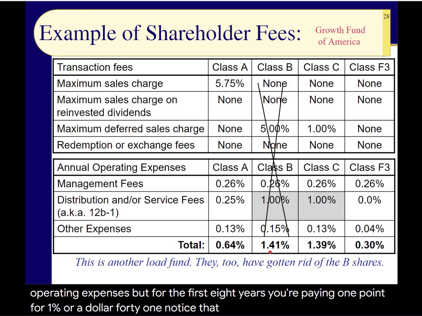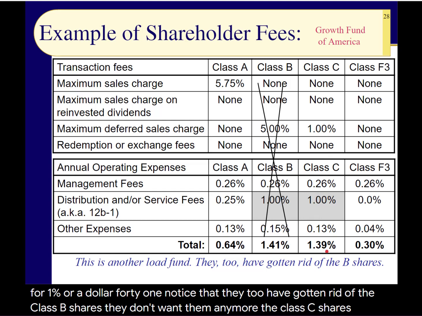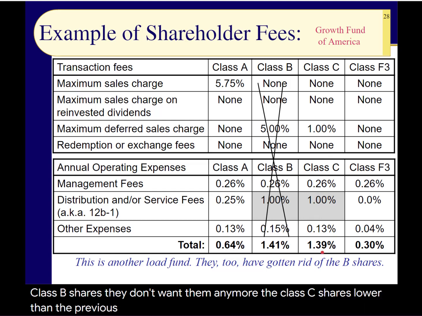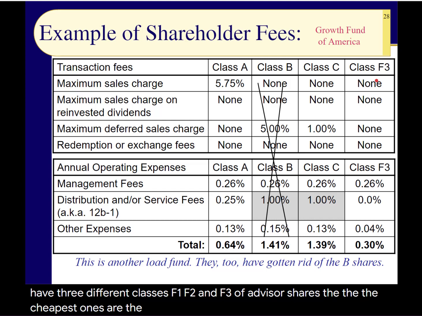Notice that they too have gotten rid of the Class B shares. They don't want them anymore. The Class C shares, $1.39, lower than the previous mutual fund, but not that much lower. And then they have 3 different classes, F1, F2, and F3 of advisor shares. The cheapest ones are the F3 shares.